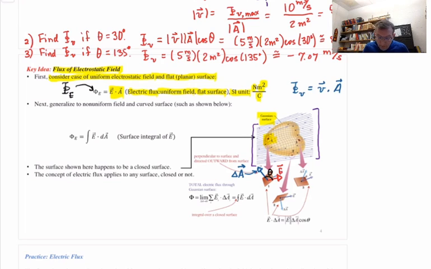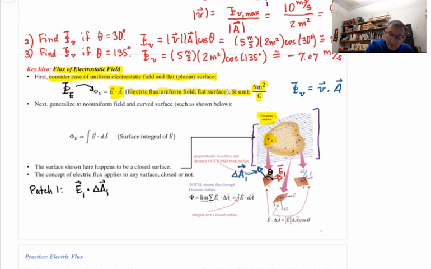But what we would do is calculate the electric flux through just that patch, through patch 1, by doing the electric field there at patch 1, E1 dot delta A1. I ought to denote it delta A1 and E1 because that's the electric field at patch 1 and the area vector for patch 1.